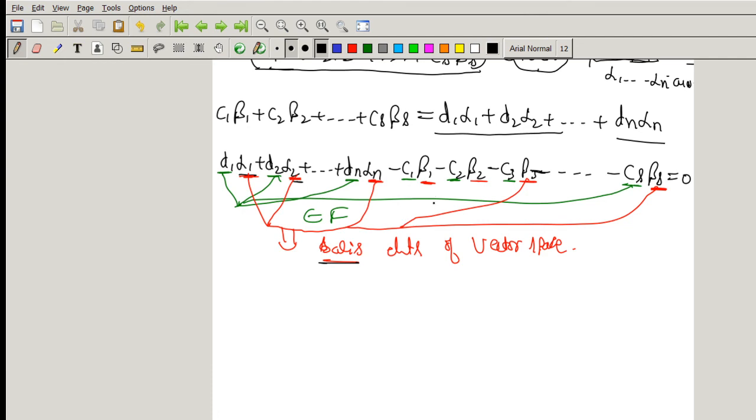If we consider a linear combination of those basis elements, then their field elements, the scalars, must be equal to 0, because this is a basis set of V. This implies d1 is equal to d2 and so on up to dn is equal to 0, and therefore c1 is equal to c2 and so on up to cs is equal to 0.